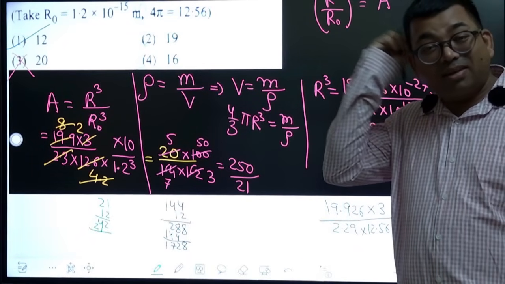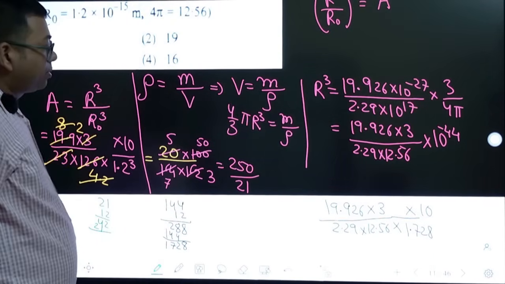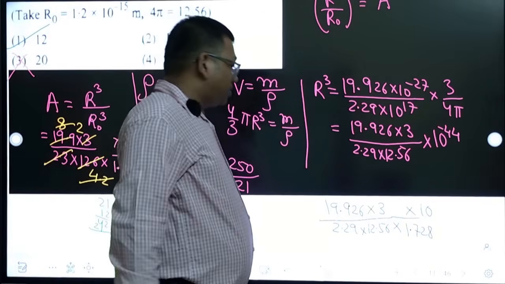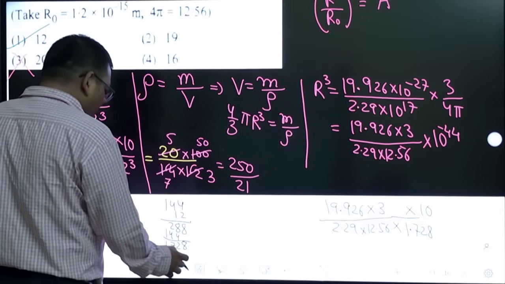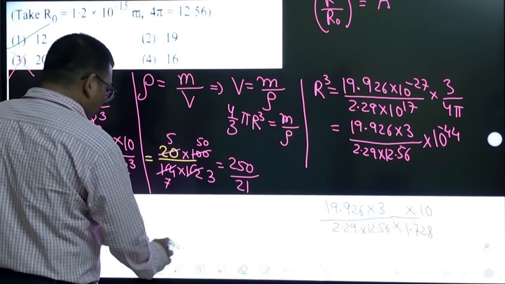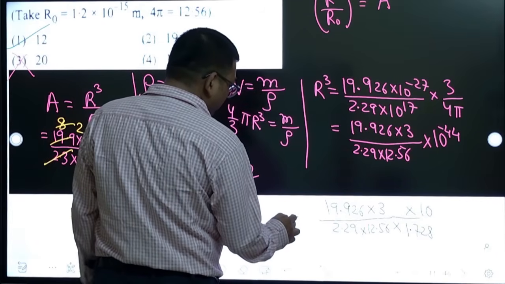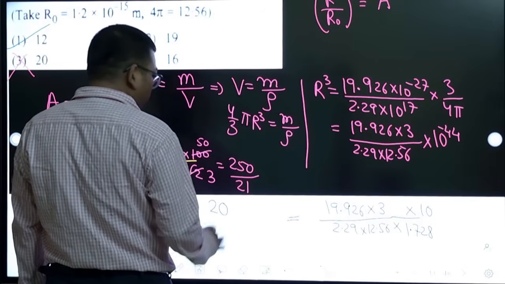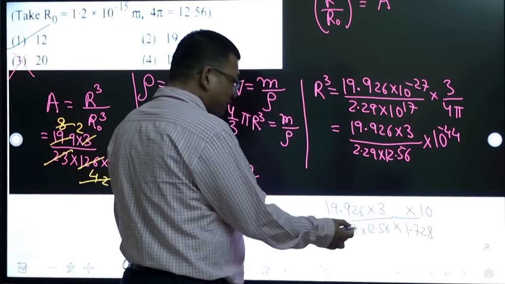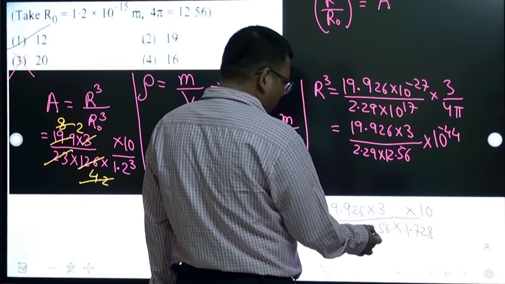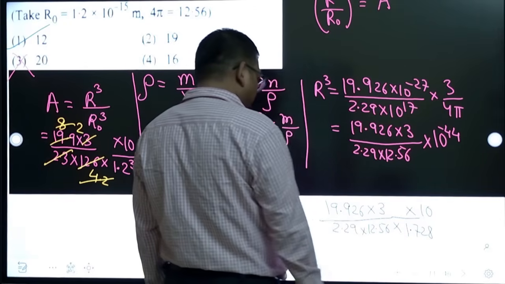But is there any binomial approximation which we can do here? When a binomial approximation is there, then might be it is helpful. But suppose I do again, let's try rough calculation because I don't want to leave it. So what rough calculation you may do here? Suppose 19 point this 9, I write this as 20, almost 20, and this already I have written 30. Might be this 3 can cancel somewhere here, right? 3 4 will get cancelled definitely, and then 3, no, it won't get cancelled exactly.